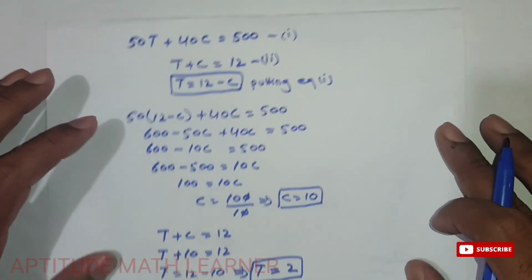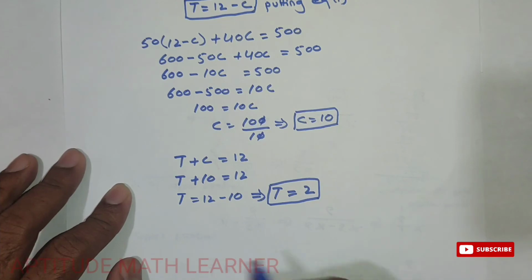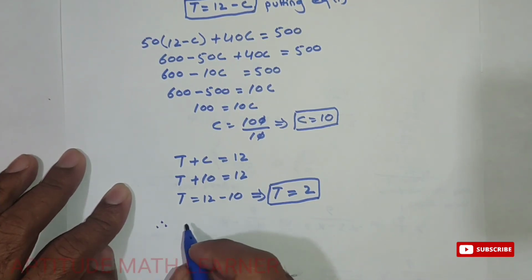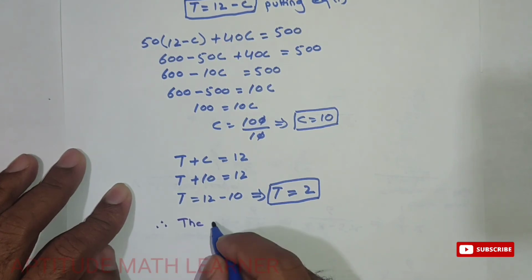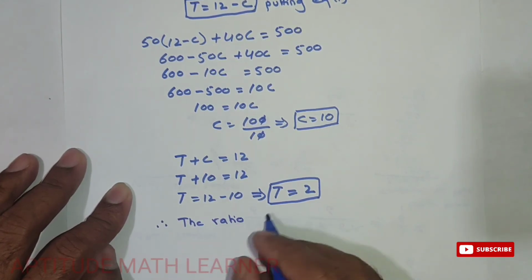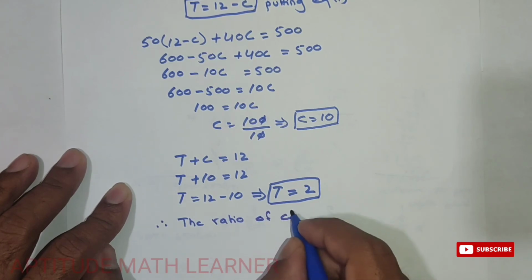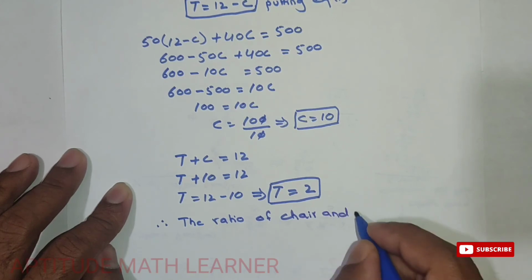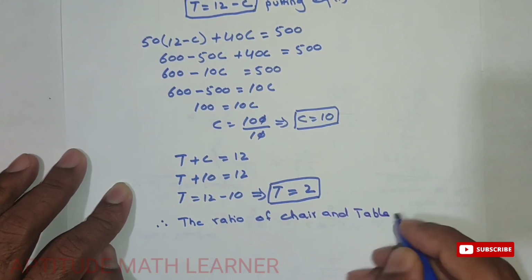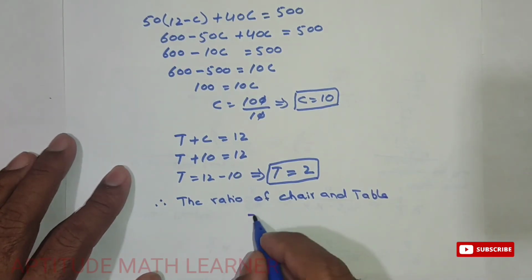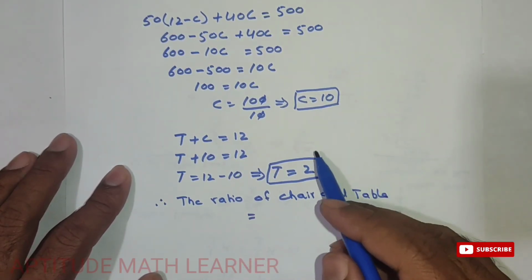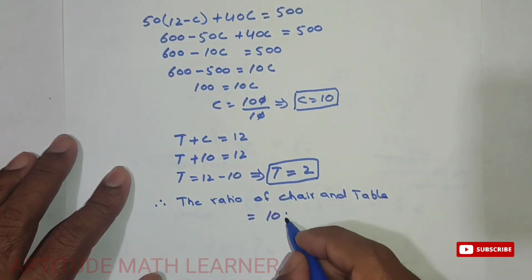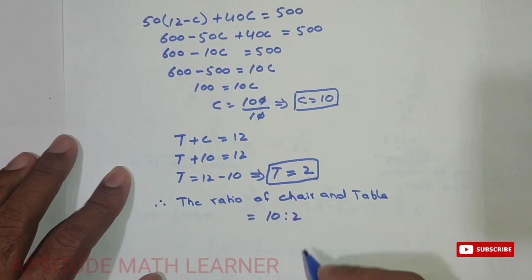So to find the ratio of chairs to tables, the number of chairs is 10, and the number of tables is 2.